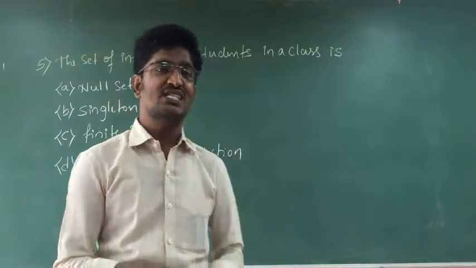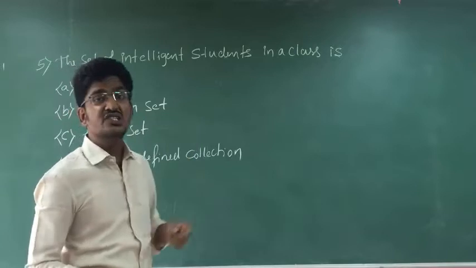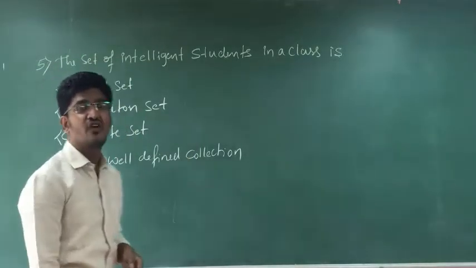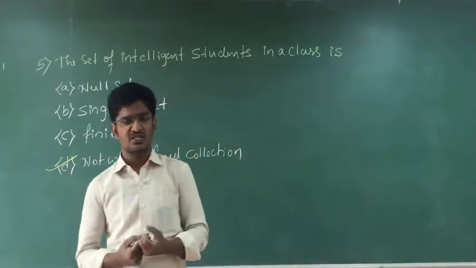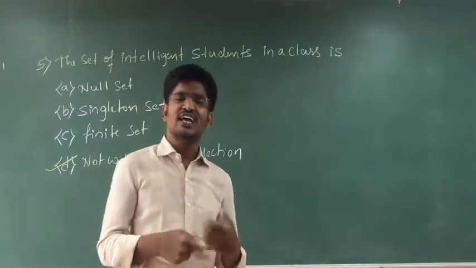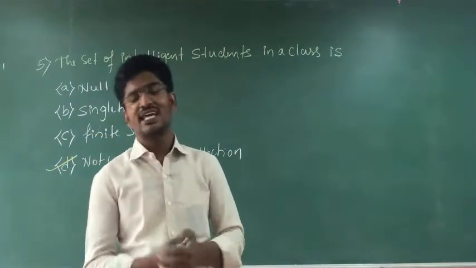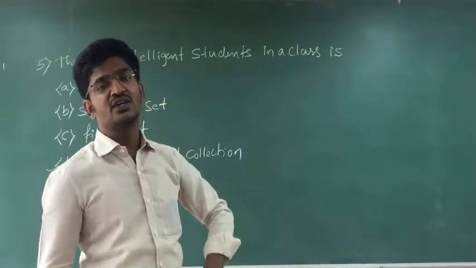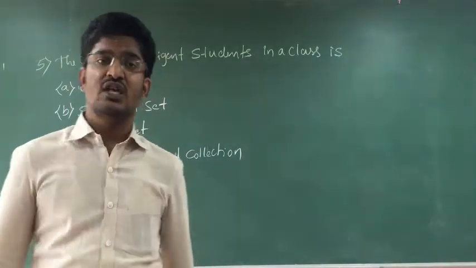So in that case, we can say the set of intelligent students in a class is not well defined, because someone can sing the song but can't get the marks, and someone can score the marks but cannot sing. If you take singing as the circumstance, the difference comes. So intelligence is a word which is not well defined according to our mathematics, though it is well defined in English grammar. Clear?